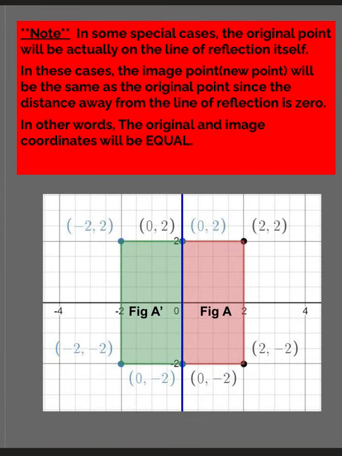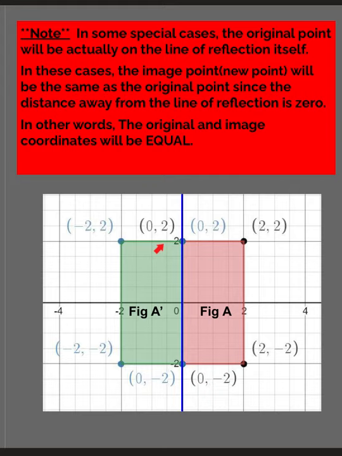Now, as you can see on this slide, some of the original points when you reflect are going to end up in the same spot. So you have the original figure A, this rectangle. Now, if I were to reflect this point here that's on the blue line, it's not going to go anywhere.